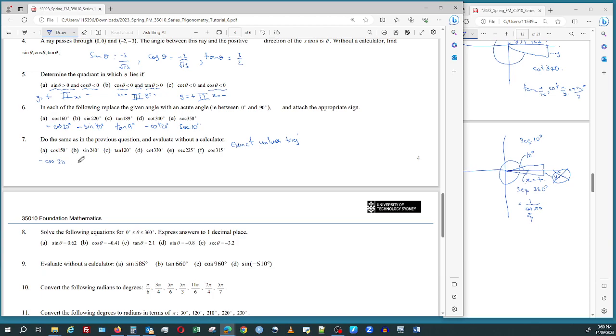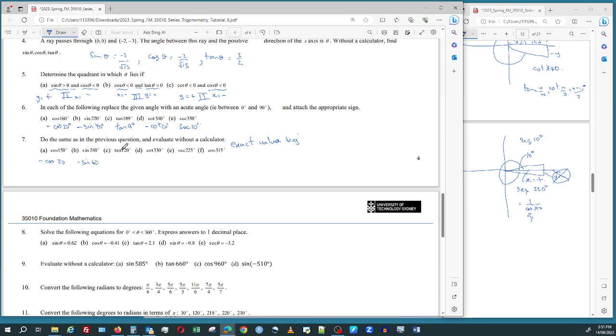So let me dress them up first. Sine 240 to 270 was 220. Now it was back to 180, wasn't it? So it was sine 60. So it'll be sine 60. 240 take away 40 is 200, take away another 20. So it's sine 60, but it's a minus.